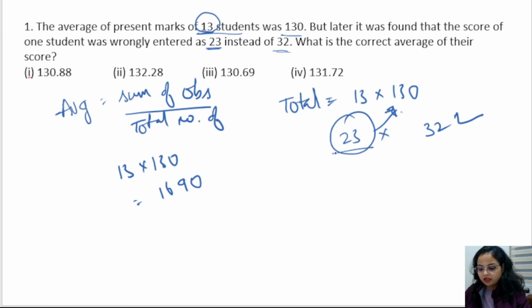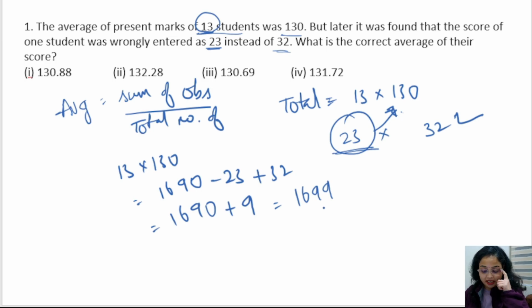Here we will subtract the wrong score and add the correct score. 32 is the correct score and 23 is the wrong score. So here it is 1690 plus 9, which is 1699. 1699 is the correct total score of 13 students.